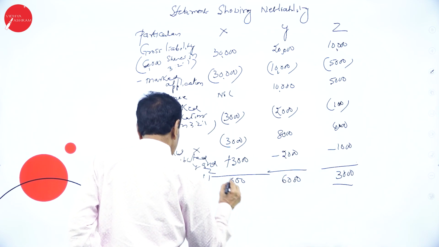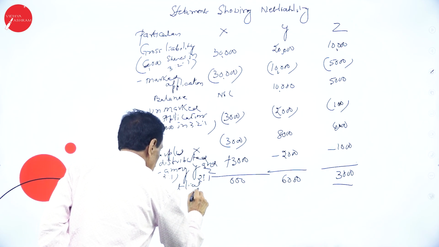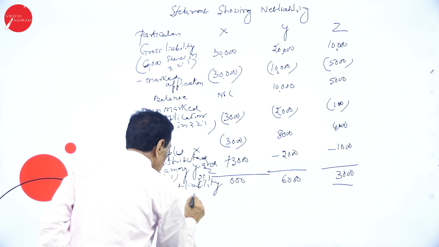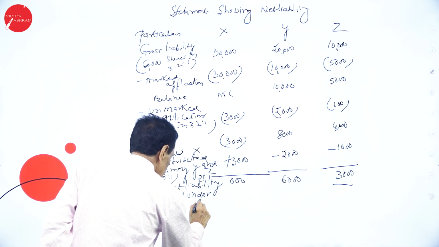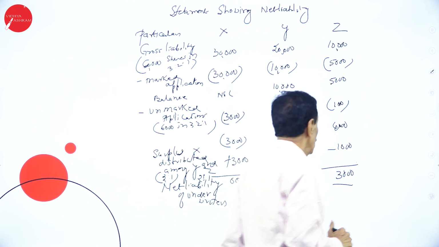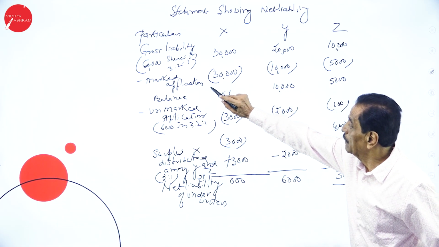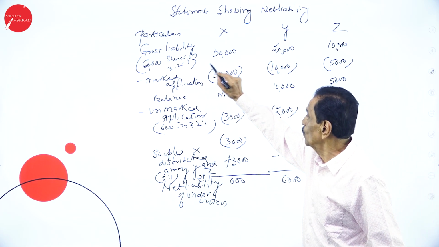Net liability of underwriters, for 10 marks. What is the total gross liability? 60,000 shares. They are in the ratio of 3 is to 2 is to 1.